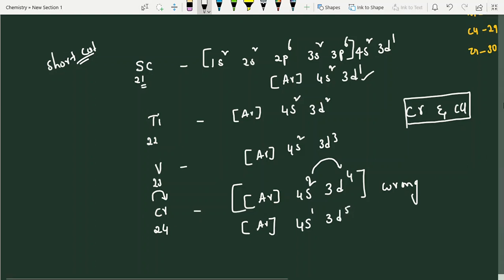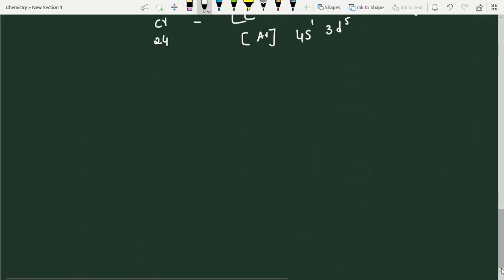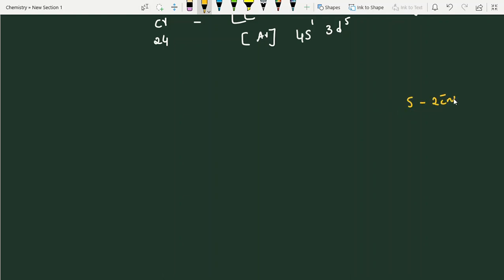Why is it jumping? Okay, we'll explain here only. I said next video, but it may be lengthy and feel difficult for you. So what is the reason? Yes, s capacity is 2 electrons, right? Exactly half-filled means 1 electron. d capacity is 10 electrons, right? Exactly half-filled, this is half-filled.